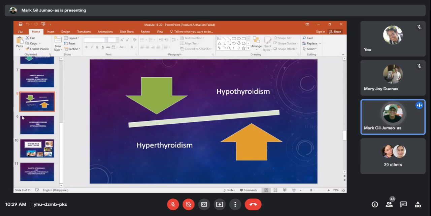Since we're talking about goiter, there are actually natures of goiter. Goiter could either be non-toxic, or goiter could also be toxic. Every time we talk about toxic goiter, this is associated with some kind of cancer of the thyroid gland.